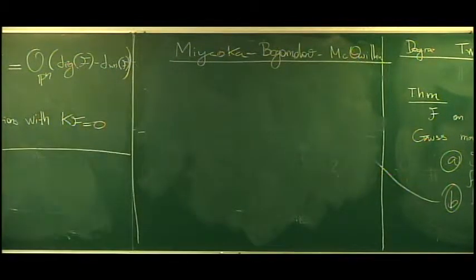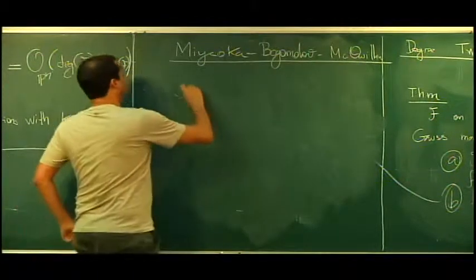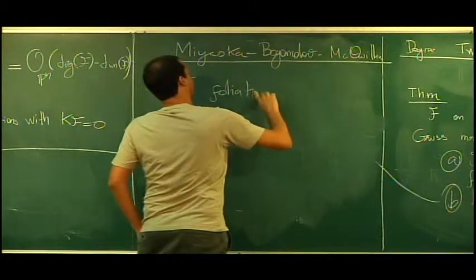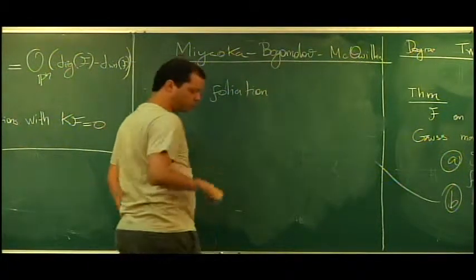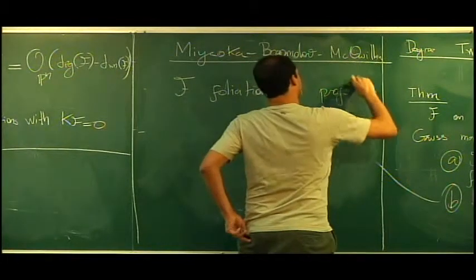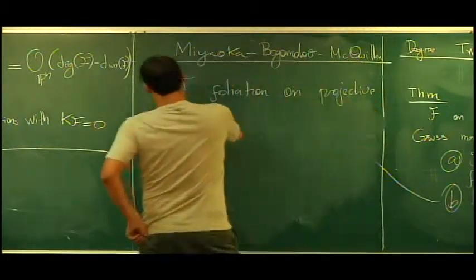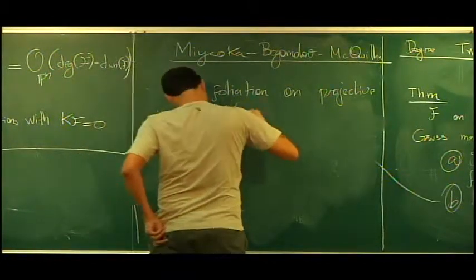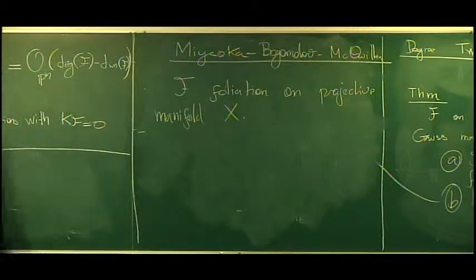And the situation, let's go back to the general situation to try to understand what's happening. Let's just take a foliation F on a projective manifold. I'm going to put a hypothesis, which is the following.